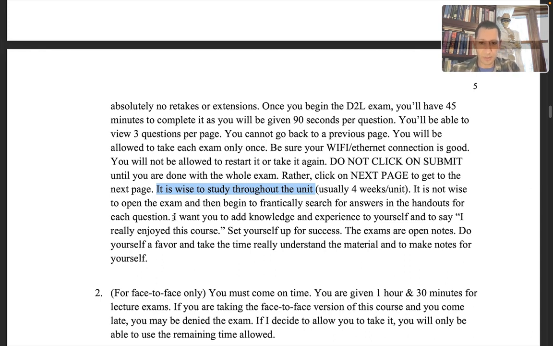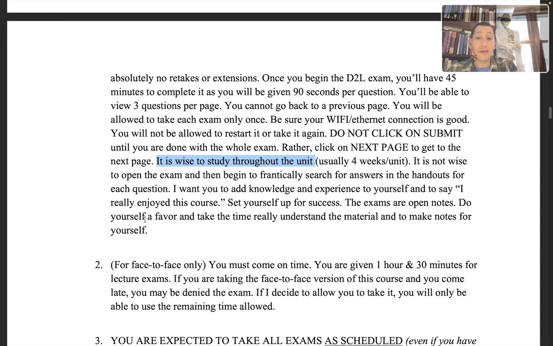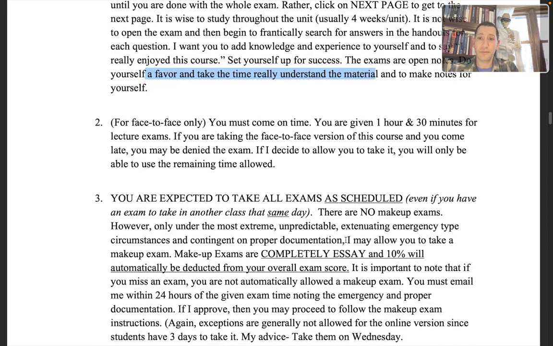It's why one student will have one experience and another student a completely different experience. It's because of how you set yourself up for the course. Set yourself up for success. Do yourself a favor and take the time to really understand the material and to make notes for yourself.